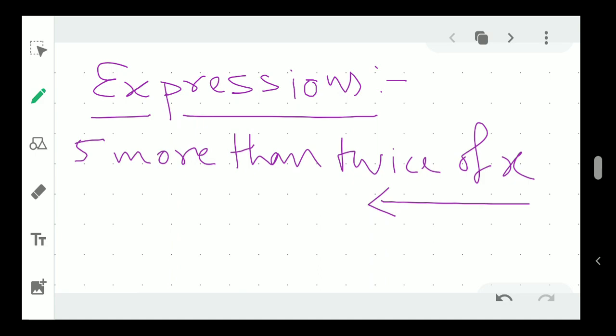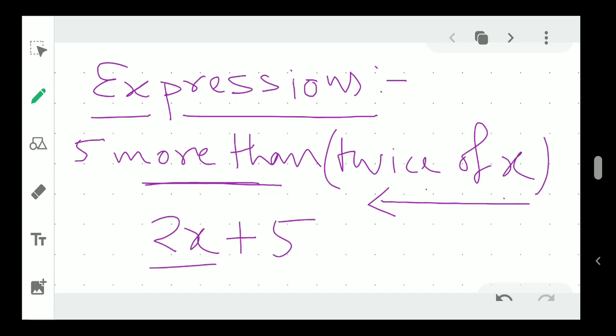So coming from this side, twice of x is 2x, then more than 5, that means plus 5. So 5 more than twice of x is 2x plus 5. I have to do twice of x first, that is 2x, then plus 5. This is how you have to go from back to front in algebra.